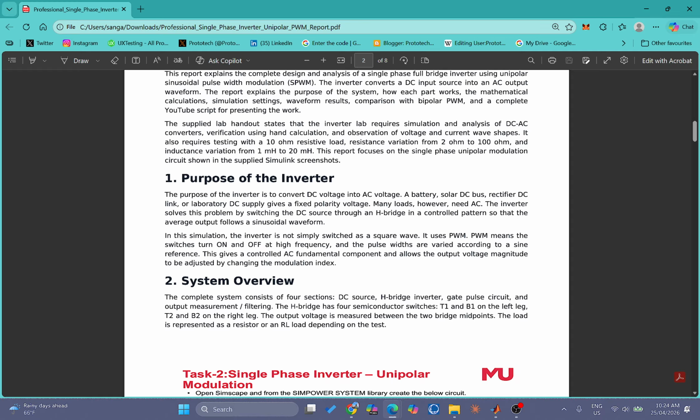And in this simulation, the inverter I'm going to show is not simply switched with square waves. We will be using PWM. What is PWM? PWM means the switches turn on and off at a very high frequency.